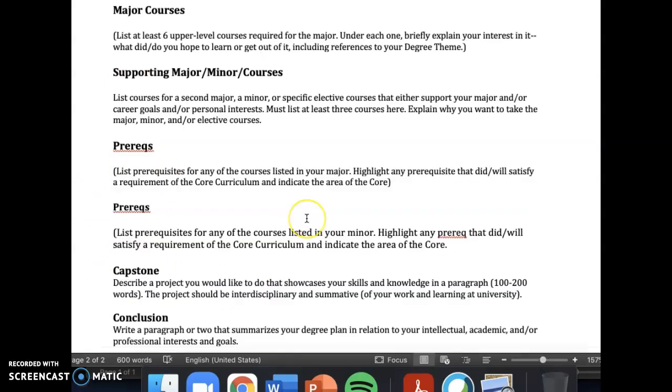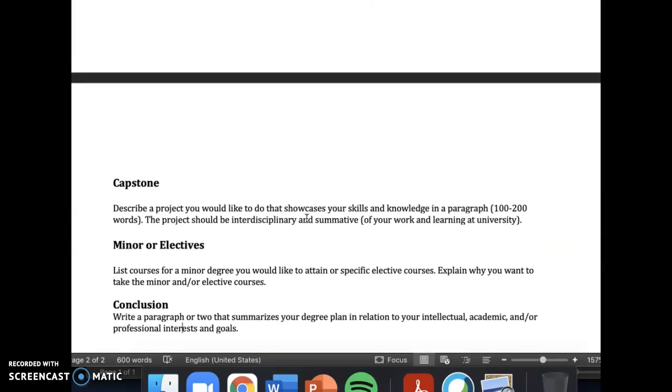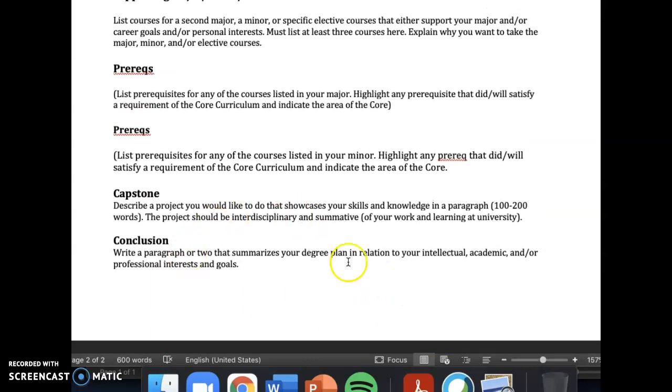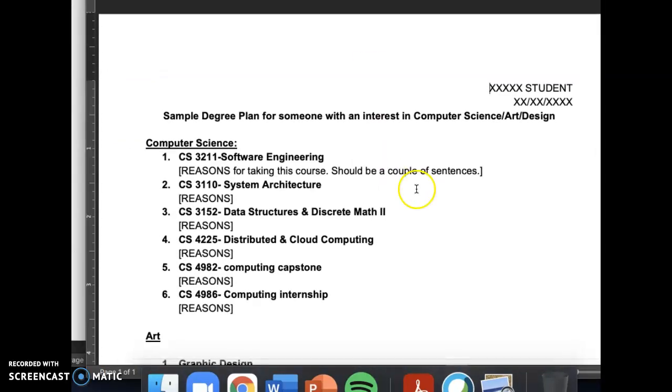And so finally, as with the BIS degree, you're going to write a conclusion that summarizes your degree plan in relation to your goals. So that's pretty straightforward, and I'm happy to help with anything that seems like it might be confusing.